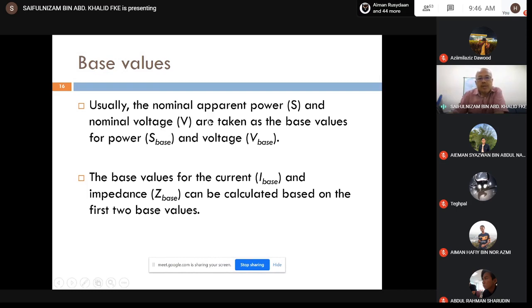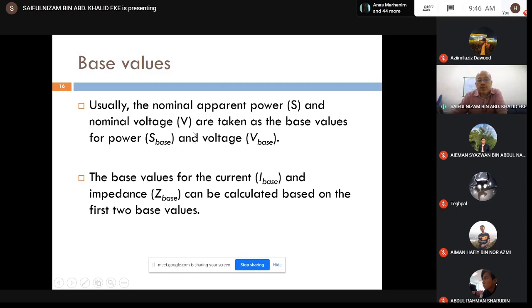Okay. Usually the nominal apparent power, the symbol S for apparent power, and the nominal voltage V are taken as the base values, the power S base and the voltage V base.